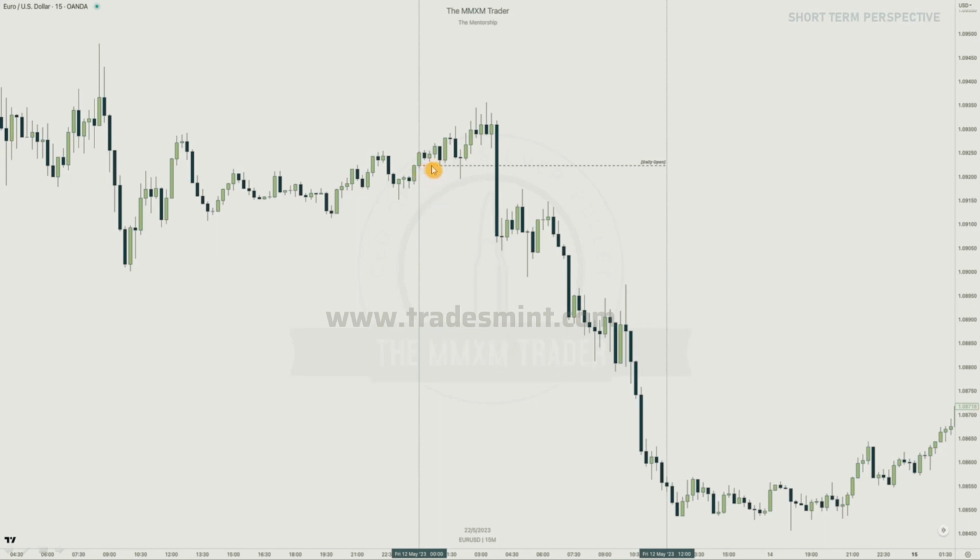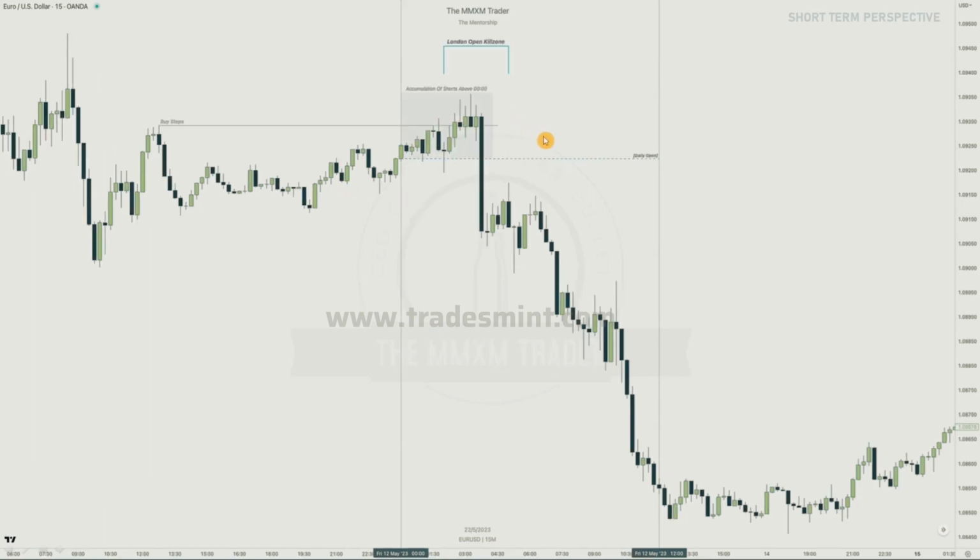So we can see price is starting to accumulate above this New York midnight opening price. And why is it doing that? Because smart money wants to accumulate their short orders, right, to continue down during the day. Now, let's think about what time zone this is happening, right? We've got London open kill zone, right, 2 a.m. to 5 a.m. And think about London.